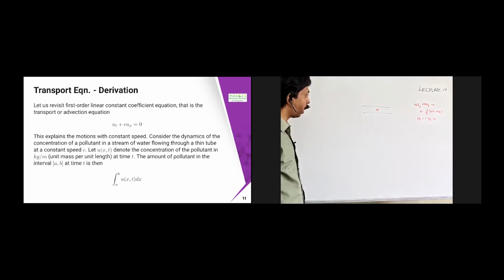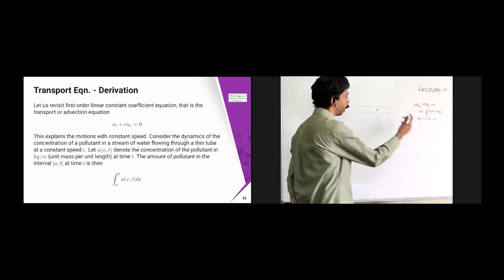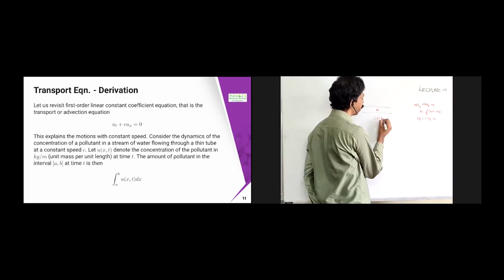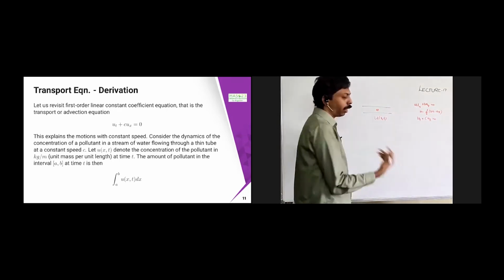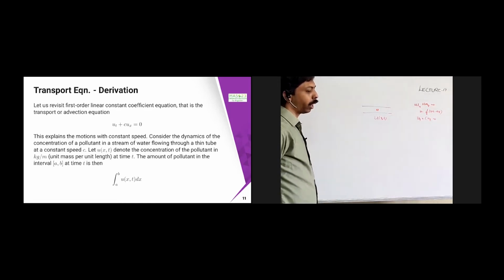So I'm going to denote u of x comma t as the concentration of the pollutant, in kilogram per meter per unit time, that is, mass per unit length.